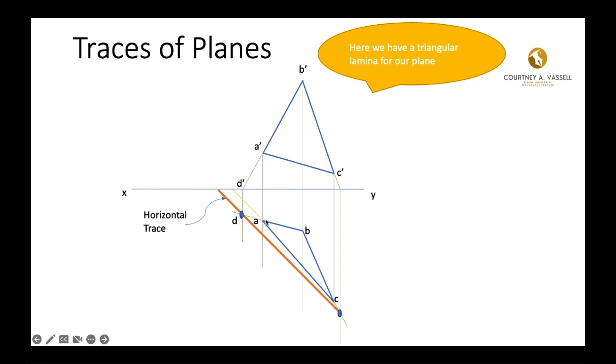So with AC extended, we're going to bring this line up, and remember, it was AC that we extended, so we're looking for AC, which is A prime, C prime. So we're going to extend that. Once we extend that, we now have this point. So we are going to connect from here through this point, and this would give us our vertical trace.